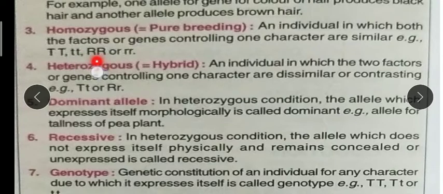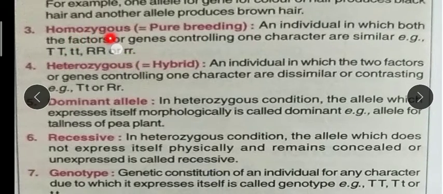For showing the round seed of a pea plant, we write capital R. And for the wrinkled seed, or any other shape, we write small r. So the dominant character we always show with a capital letter, whereas the recessive character with a small letter. Here each letter is the same, so they are homozygous.